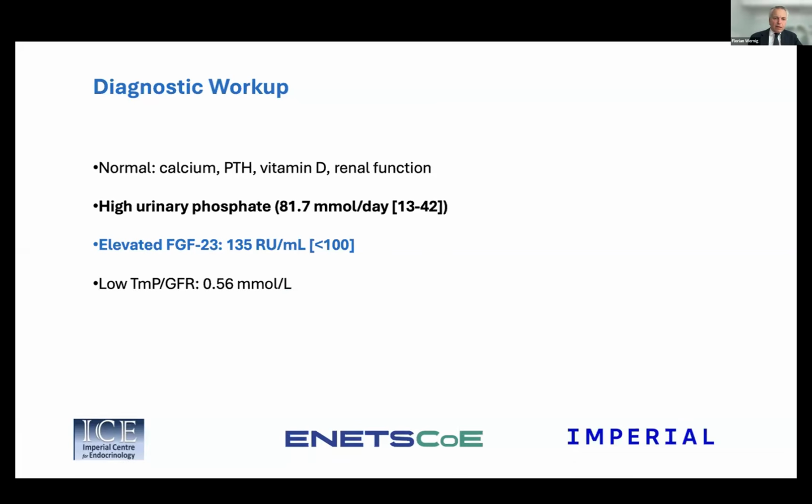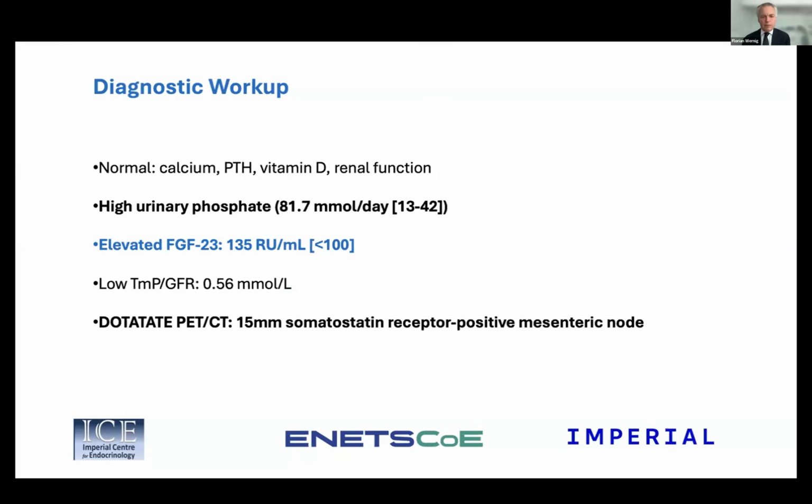So he went on to have a gallium-68 PET-CT, which is the preferred imaging modality to look for a tumor causing tumor-induced osteomalacia, an FGF23 producing tumor. And surprisingly, it showed a 50 millimeter somatostatin receptor positive mesenteric node.